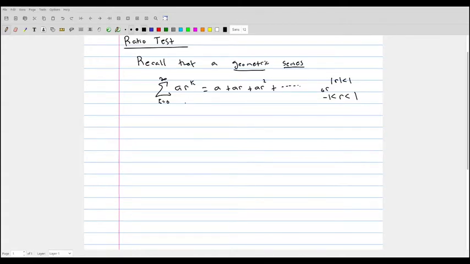So the idea here is that for this series, the kth term of the series is given by ar to the k. So a0 is ar to the 0, which is a. a1 is ar to the 1, and so on and so forth.